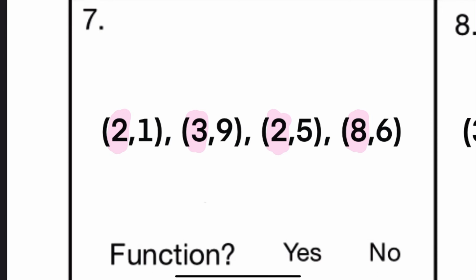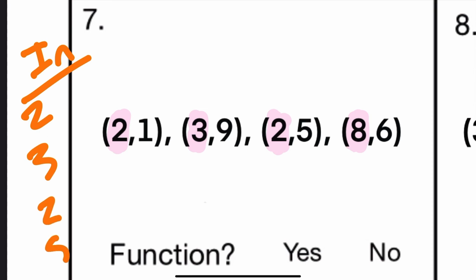If it helps you out, you could definitely write it. Put my ins. We said that was 2, 3, 2, and 8. That's a little squished up. Let me move that out of the way. There we go. Okay. So, looking at my inputs, do we have any repeats here?